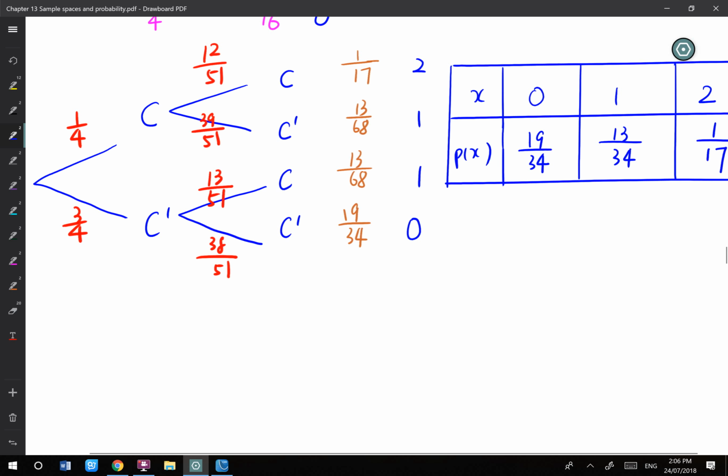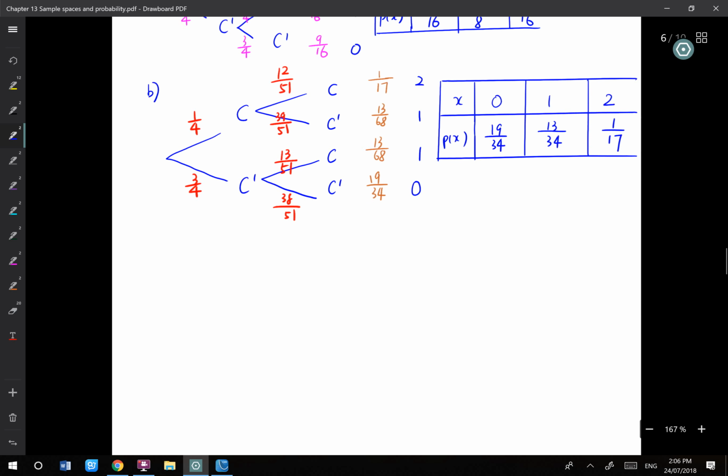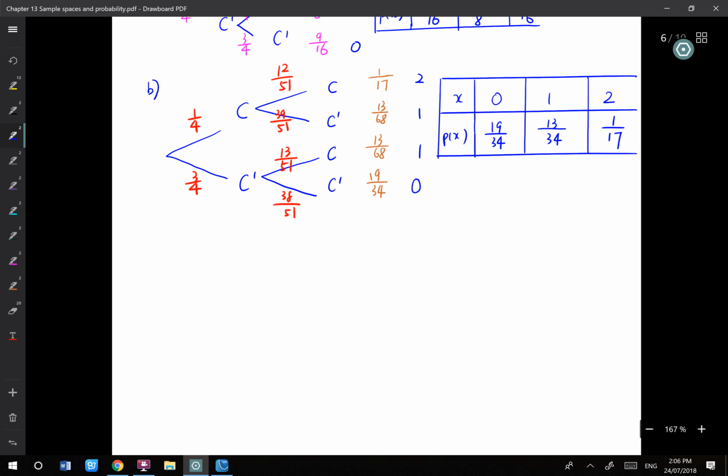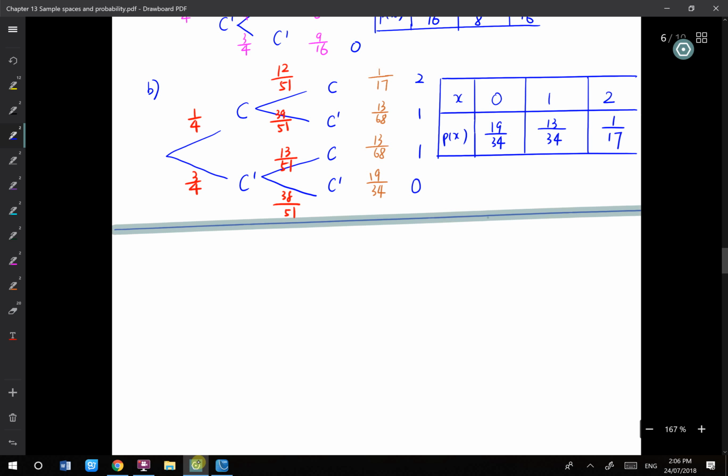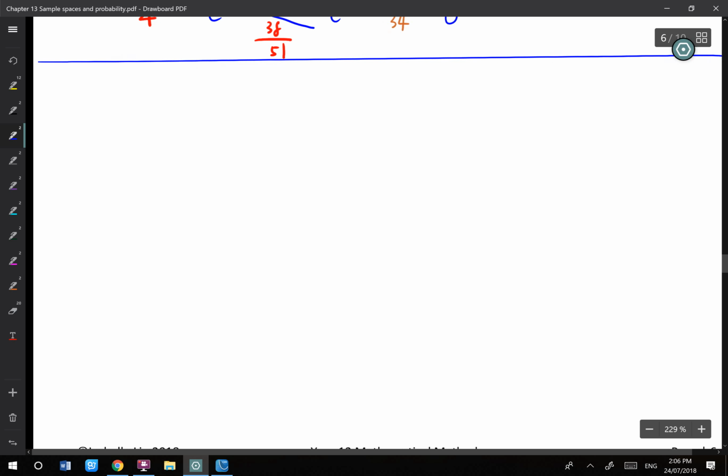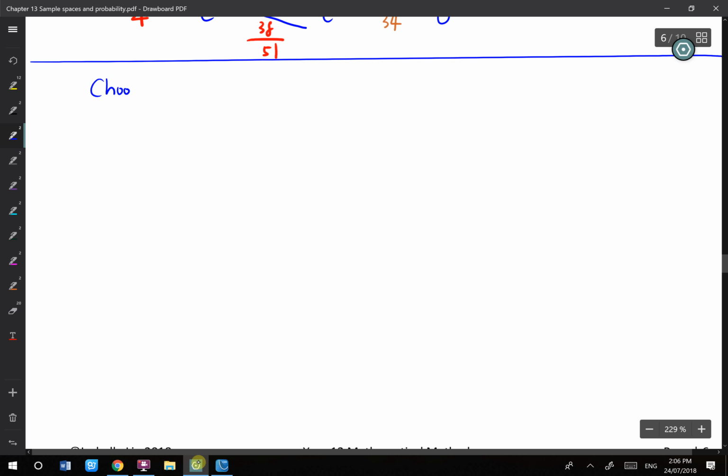Now, if I want to change the question to choose 3 cards without replacement, X equals the number of clubs.